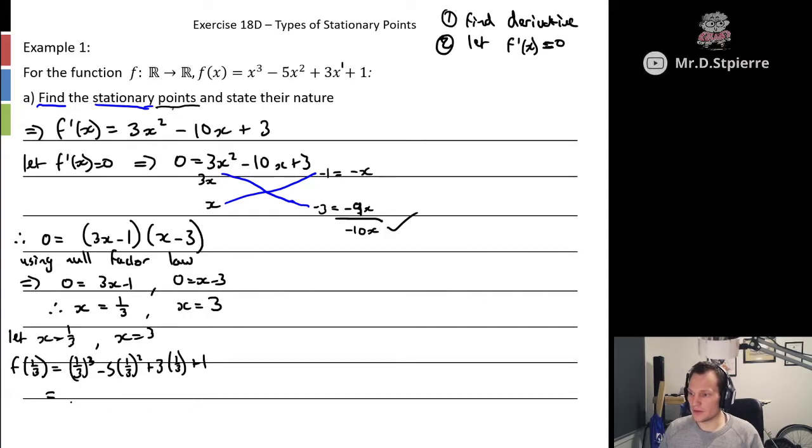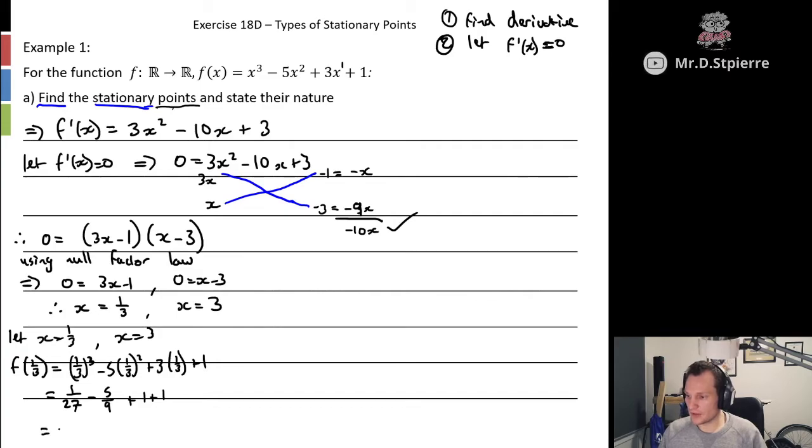That is going to give us, that's 1/9 minus, no, that's 1/27. 3 times 3 is 9, times 3 is 27. We will make mistakes, it's alright, we learn from them. That's going to be 1/27, minus 5/9, plus 1 plus 1.